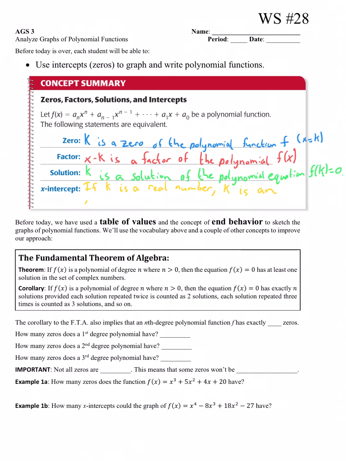So k is an x-intercept of the graph of the polynomial function. And that's where we would say the phrase k comma 0. Okay.